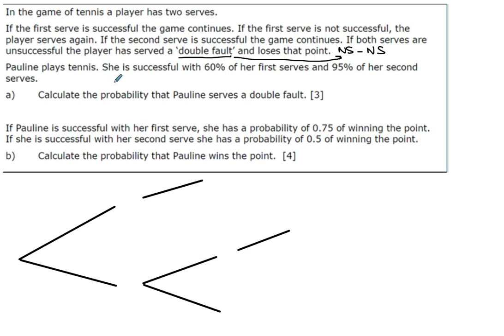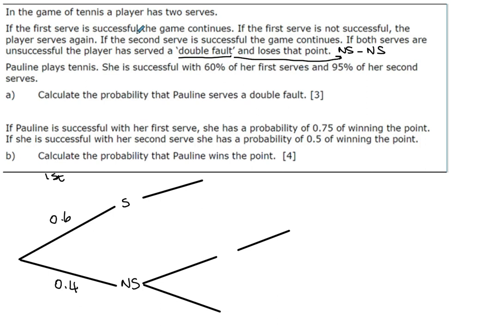Pauline plays tennis. She's successful with 60% of her first serves. So we can do a tree branch with her first serve. If she's successful, it's 0.6, and if she's not successful, it'll be 0.4. And 90% of her second serves.